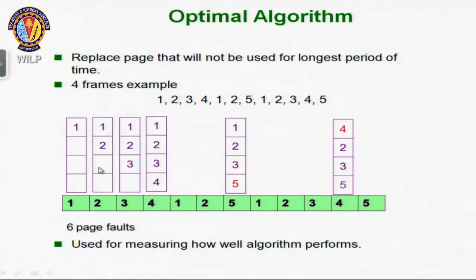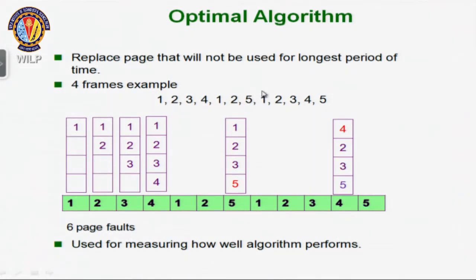But the problem here is that for an operating system to implement this algorithm, it would need to know the future references, which is not always possible, or not precisely predictable.